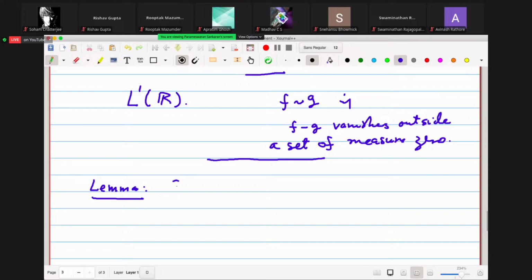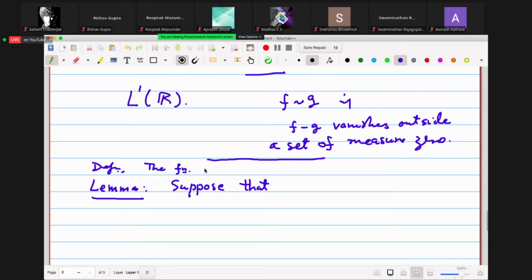Suppose that... before I say this definition, this is an important definition.